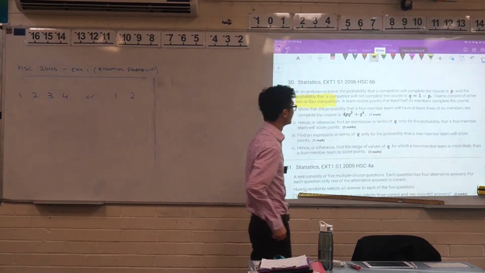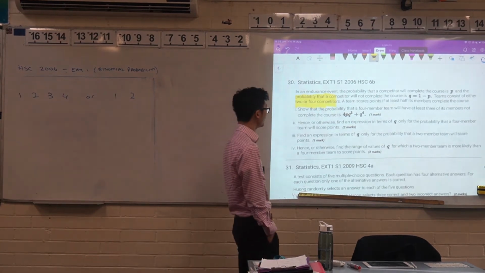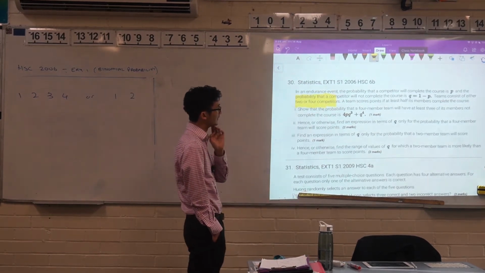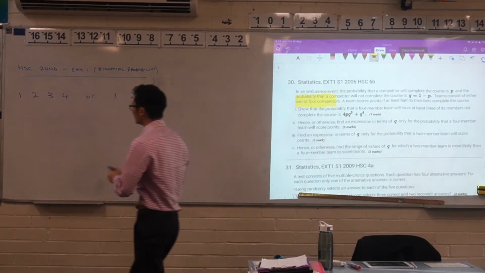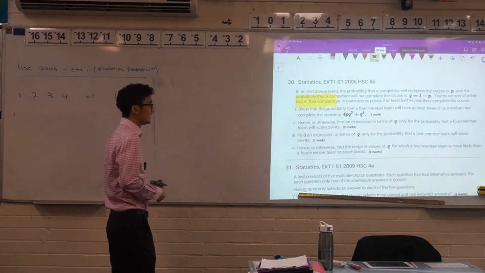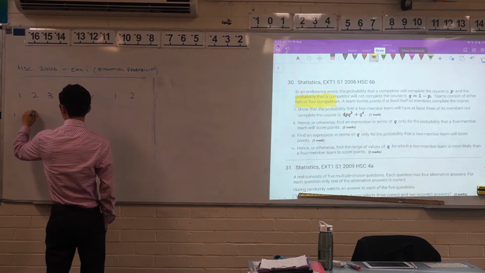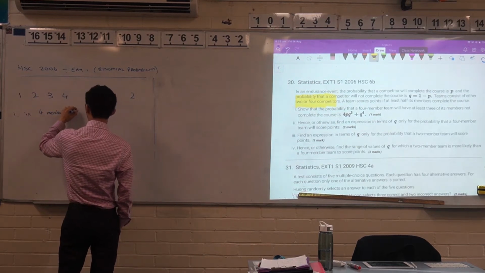Then it starts to get a bit curly because it says show that the probability that a 4-member team will have at least 3 of its members not complete the course is this. So here's where I'm starting to get a little confused how exactly I'm meant to arrive at that. Let's just write that down first. So part 1, I need to show that at least 3 in a 4-member team at least 3 won't complete.